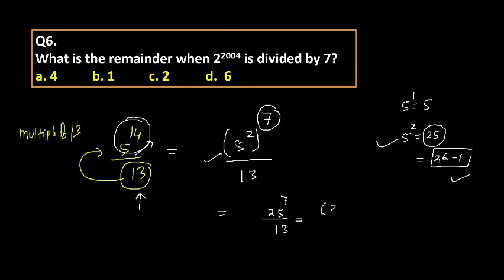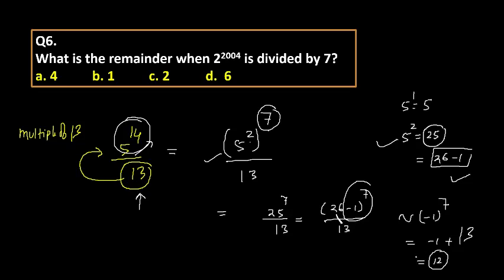So it will be 26 minus 1. 26 is divisible by 13. So we got minus 1 raised to the power 7, which is minus 1. And whenever we have minus 1, we add the divisor to get it positive. I hope it is clear.